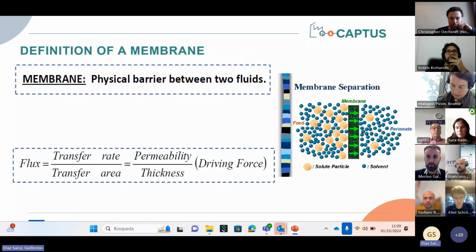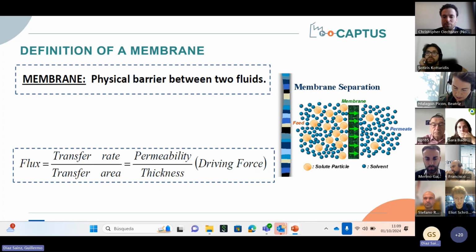Membranes are typically thin layers of material, natural or synthetic, that separate two phases, usually fluid phases, and control the movement of substances between them based on size, charge, solubility, and other properties. Membranes could be used in different applications. In this talk, we focus on CO2 capture, but they could be used in gas separation, water purification, chemical processes, and biomedical devices, among other applications.